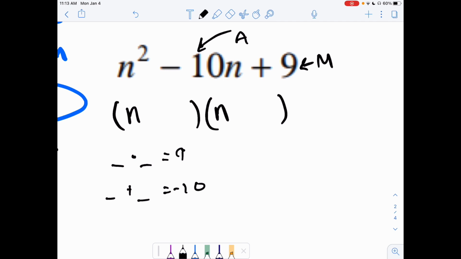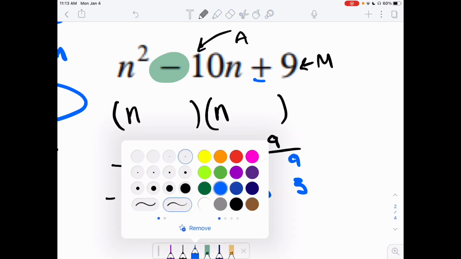Let's start by writing the factors of 9. Factors of 9 are 1 and 9, and 3 times 3. Because this 9 is positive, we know our numbers are going to have the same sign. They're either going to be both positive or both negative. This negative sign right here tells me they have to both be negative. So let's make them both negative and see what happens.